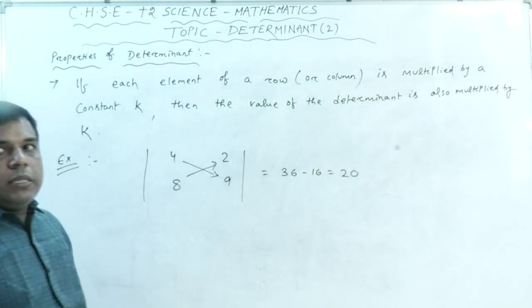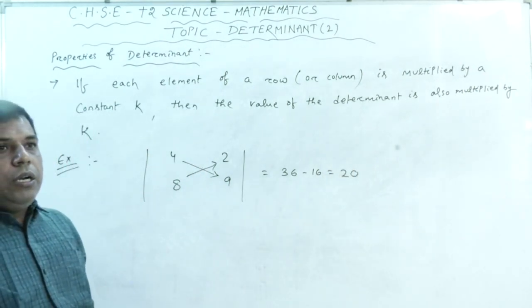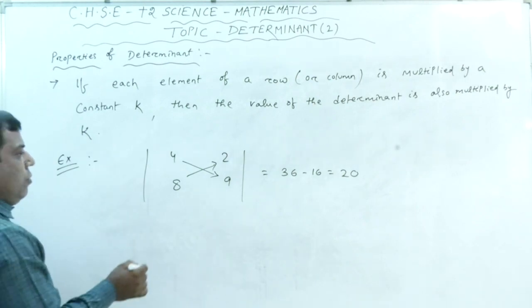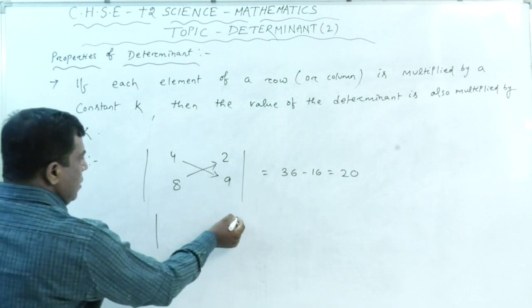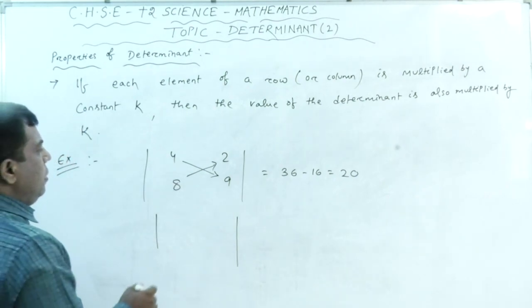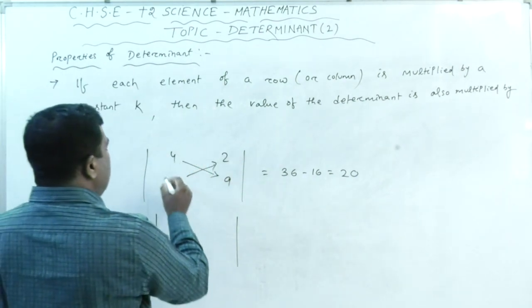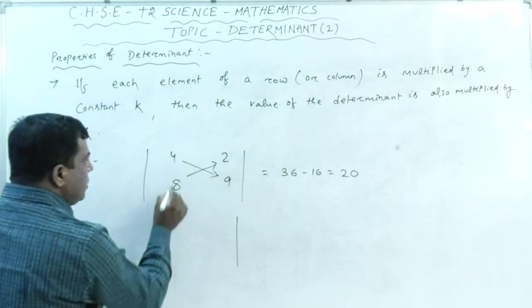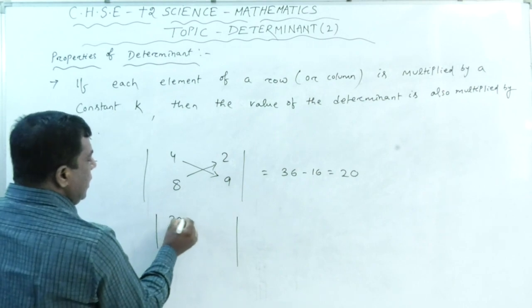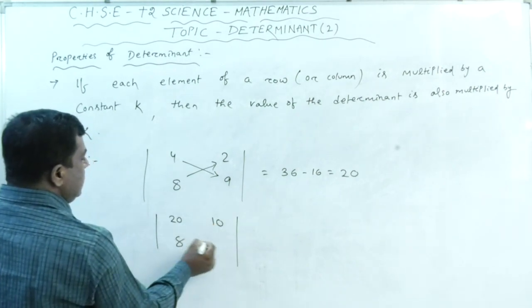Clear? Now if we multiply any row or any column by a value, suppose we multiply by 5. What it means? With row 1 it means 20 and 10, and 8, 9 is there. Okay.